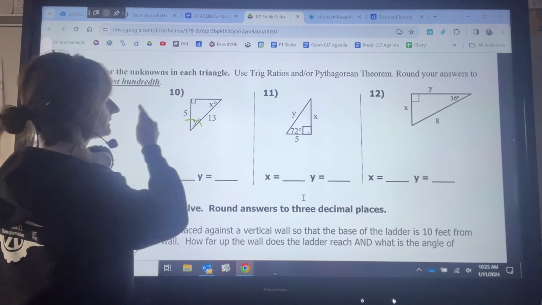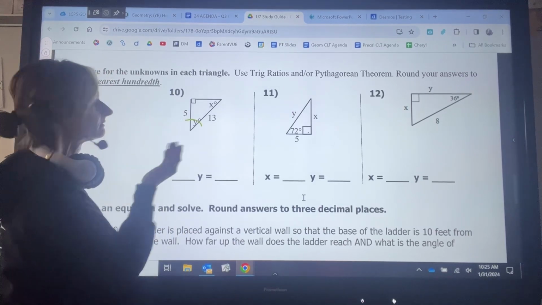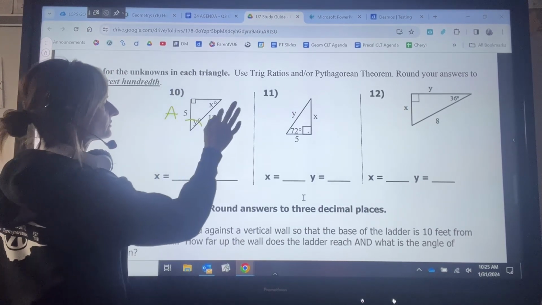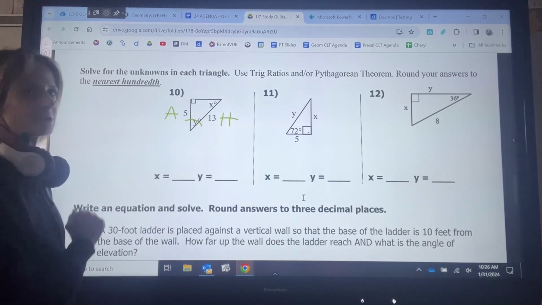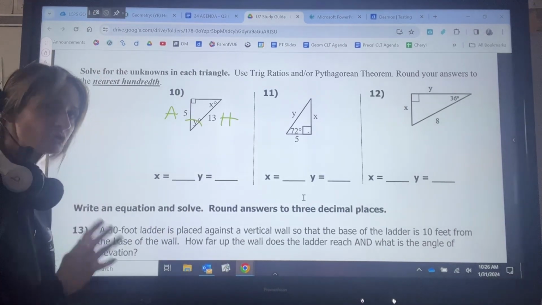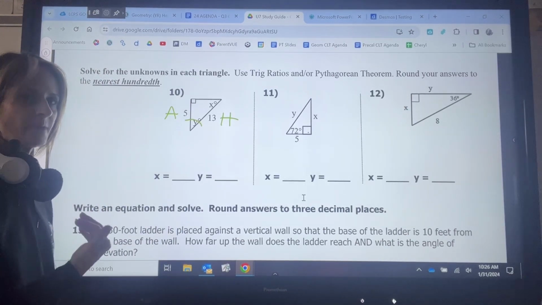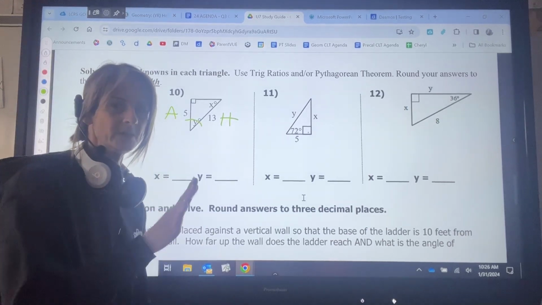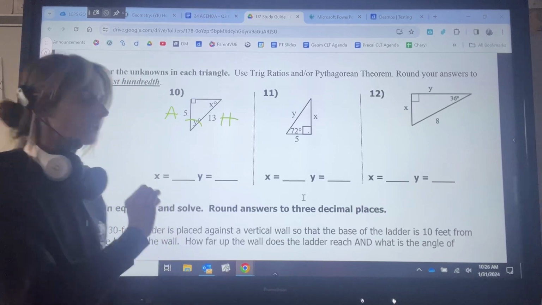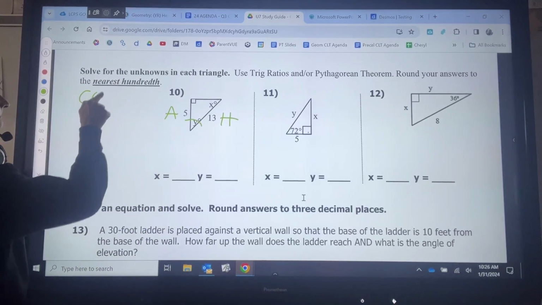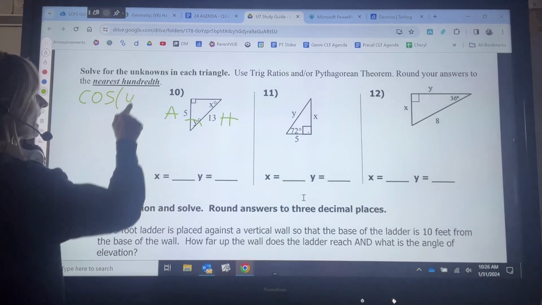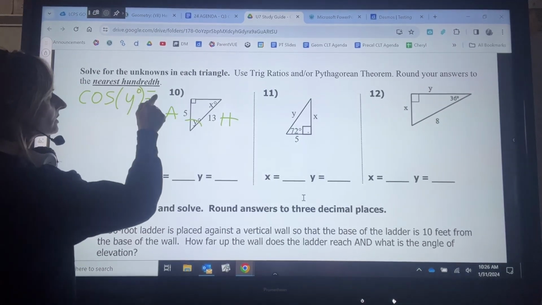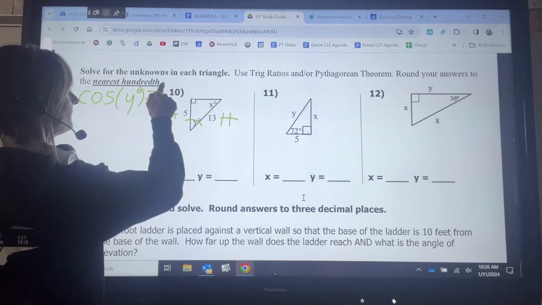Okay, we're still using the 5 and 13. 5 is now going to be adjacent, 13 is the hypotenuse, right? So if we were going to set this up using regular trigonometry, I'll show you how we get the inverse trig. I just went straight to the inverse trig in the last problem, but maybe we need to take a look from the beginning. The cosine of y degrees equals adjacent over hypotenuse, 5 over 13.